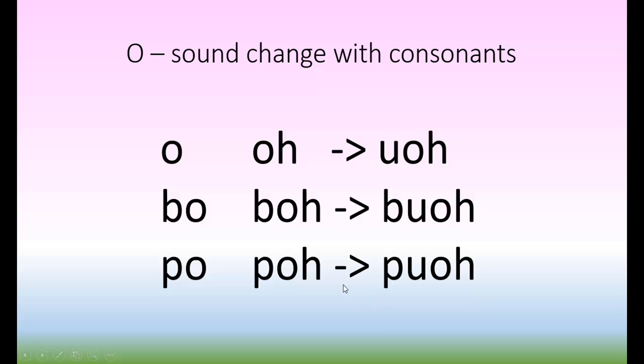Now let's see this sound change of o. When we put a consonant with o, the o changes to a w sound. For example, this should be b, o, bo, but in reality it is b, wo, bo.